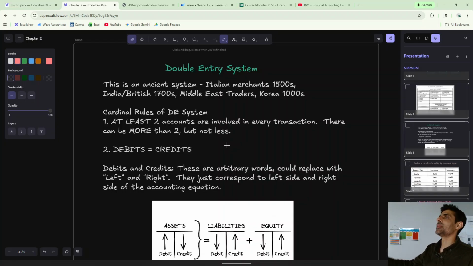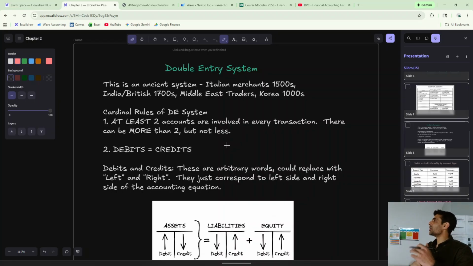So what are some examples? We talked about when you're issuing stock to your investors. What are the accounts involved? One is cash, because the investor is giving the company cash. What are they getting in exchange? Common stock. So there's two accounts involved, common stock and cash.